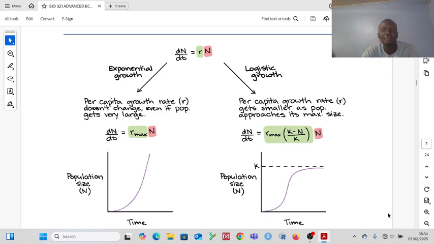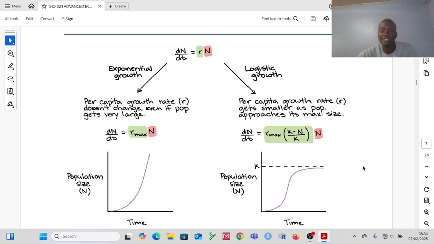And therefore the logistic growth model says the population growth rate will get smaller, or will slow down, as the population approaches the carrying capacity of that particular ecosystem.